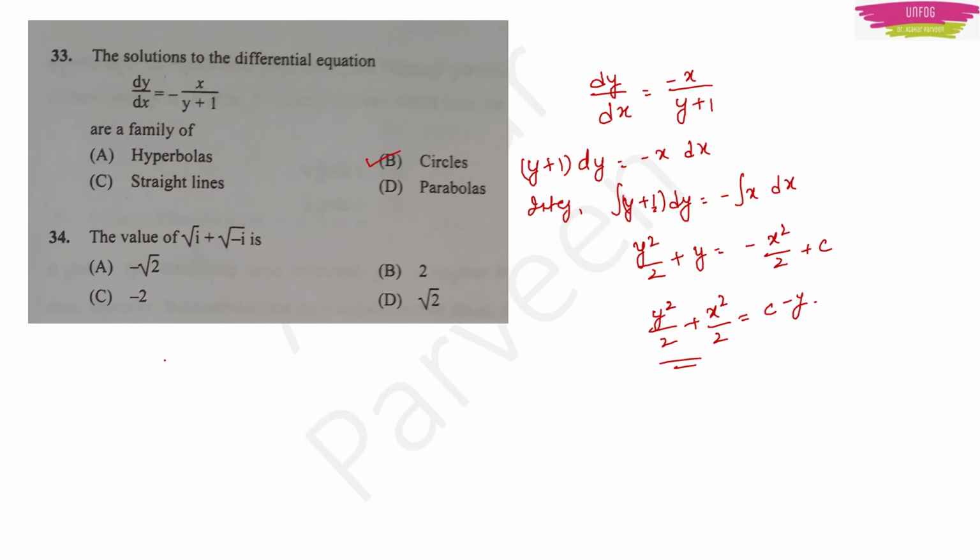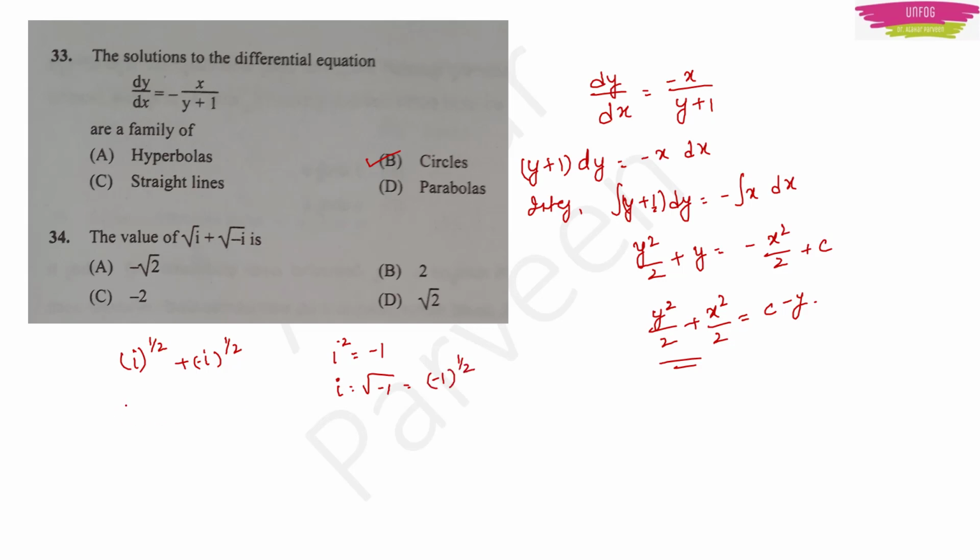Okay, next question. The value of square root of i plus square root of minus i is. This looks a little scary actually. But if I write it like this, it becomes very easy. Minus i whole to the power half. What is i square? i square is minus 1, right? So i becomes square root of minus 1. So in place of i I will write minus 1 to the power half.